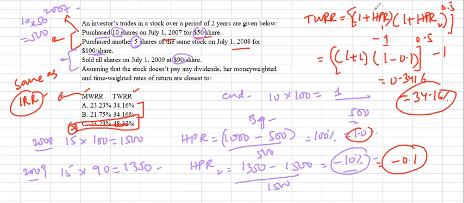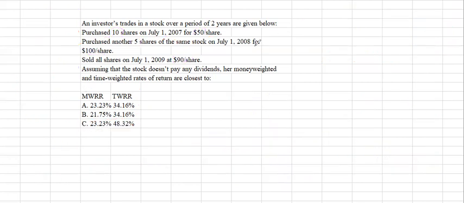Now looking at these options. For the money weighted rate of return, we have to calculate IRR, and for the IRR, we have to insert the cash flows. So for the cash flows, how would you go?